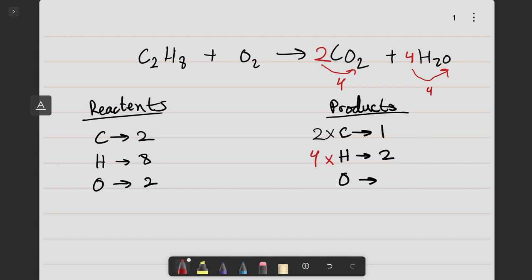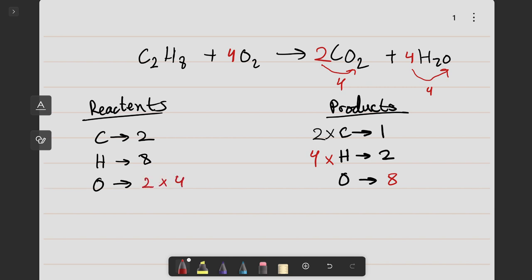It's actually 8. So if we have 8 on the right hand side and 2 on the left hand side, we must multiply the oxygen on the left hand side by 4 to give us the same number. So multiply by 4 and we have the same amount.